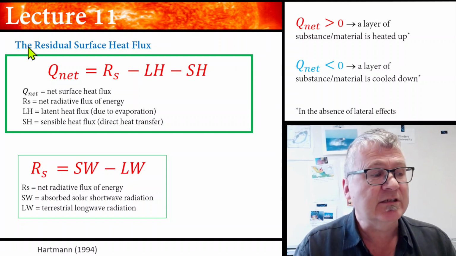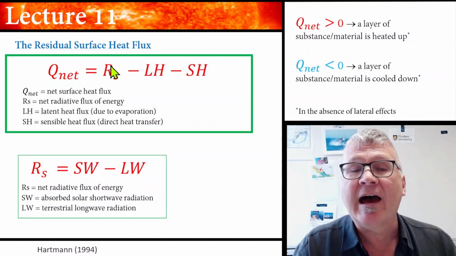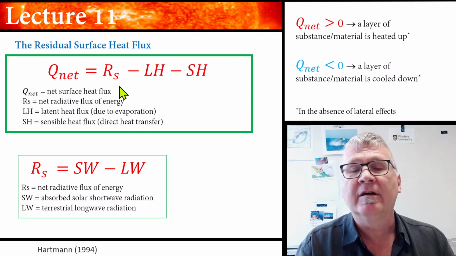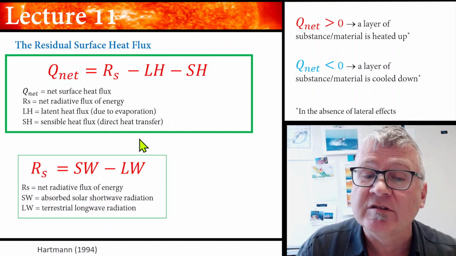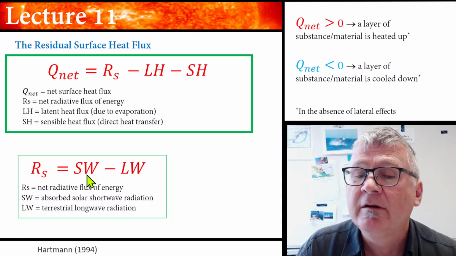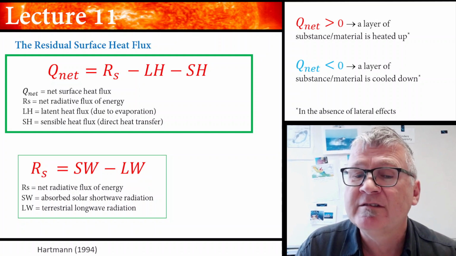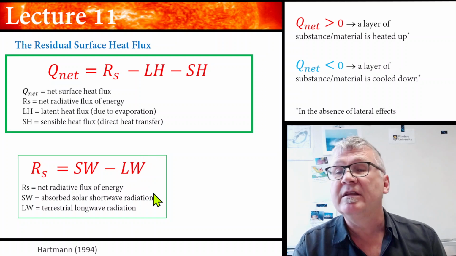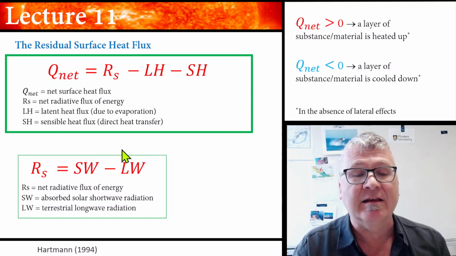Anyway, on the right-hand side, what do we have? We have RS, the net radiative flux of energy. It has two components: shortwave radiation from the sun and long-wave radiation emitted by the surface of Earth. We talked about it, just the names are different here. One is called SW and the other one is called LW.